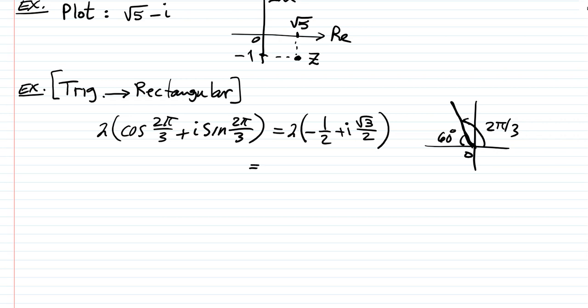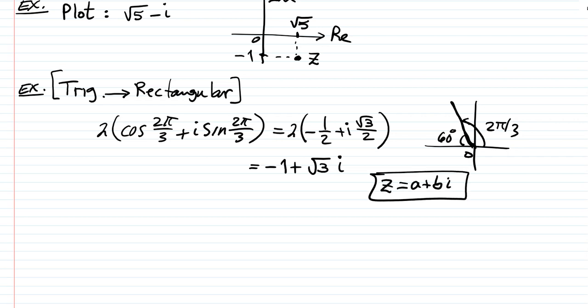You distribute the 2 over, so you get negative 1 plus i root 3. Or let me write it as root 3 i, just to conform with the general z equals a plus bi form. Usually that's the Cartesian form. So we see how easy that was. And there you go, that's what that complex number z is.